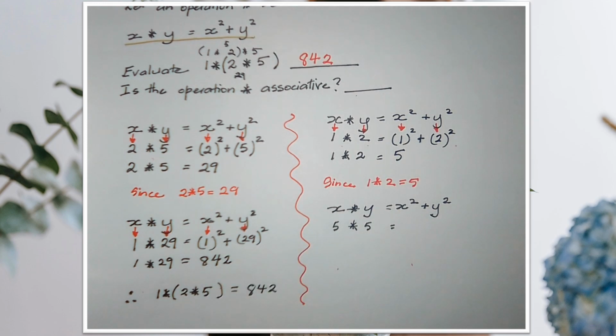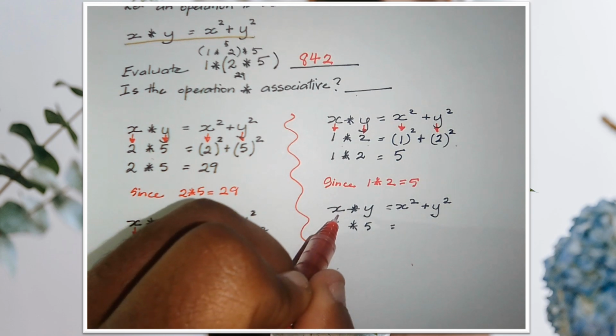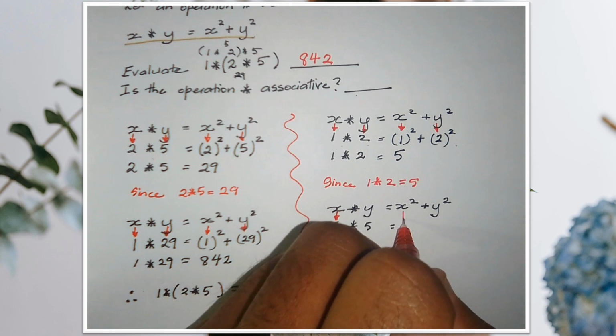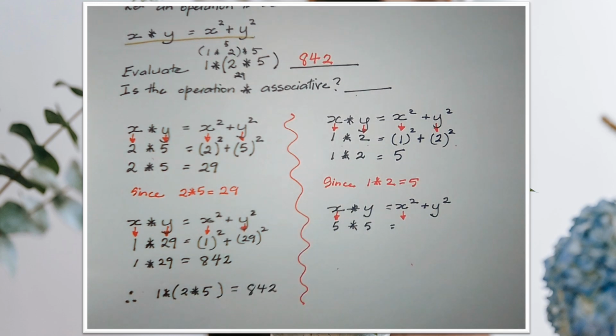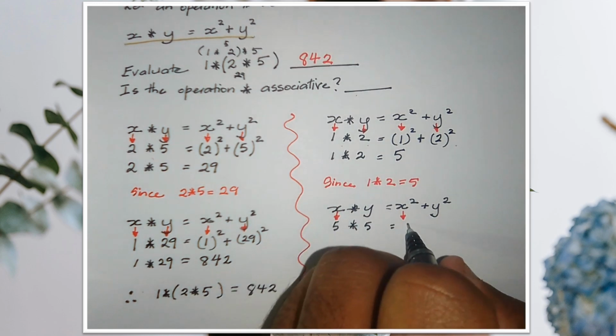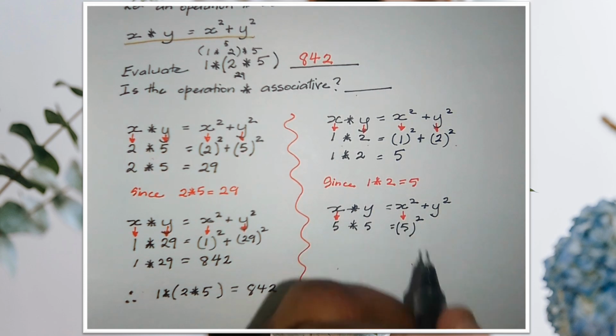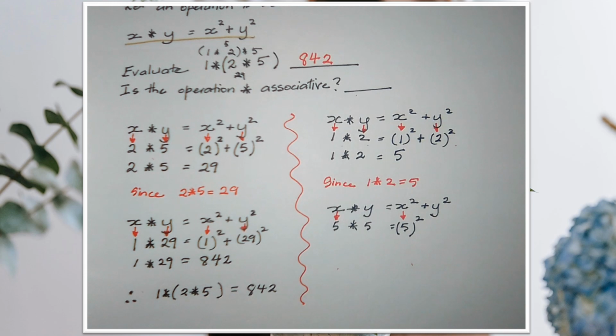So straight away we can see that x has the value of 5. So wherever I see x, I'm going to put 5 in brackets. Notice that x has a square, so I'm going to put a square.